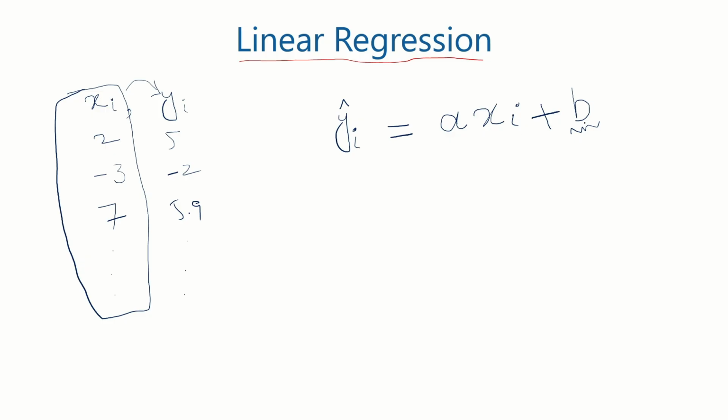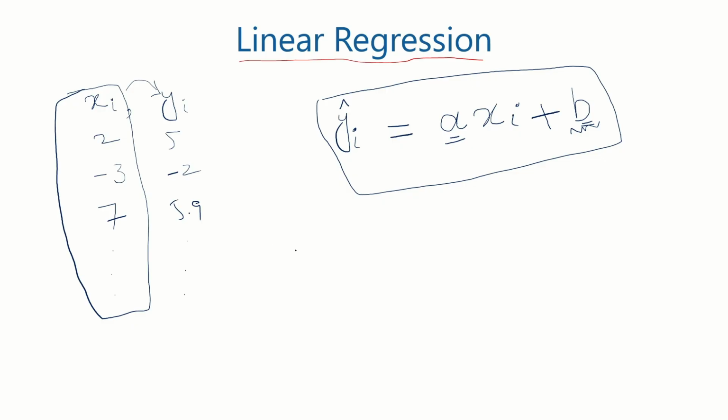So it is always good to allow this b, which is sometimes called bias and also called intercept. Either way, that's our model. We want to find out a and b, and we have a lot of data points to build this a and b. Our belief, our hyperparameter, is that the mapping between x and y is really linear. So how can we do that? Let's see that in detail.